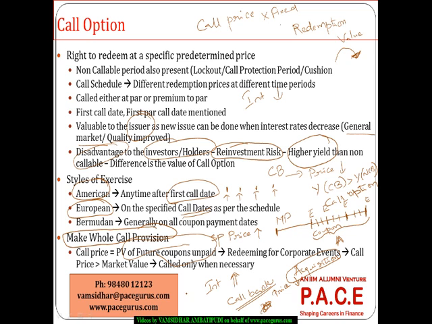So if the interest rates are higher, the present value will actually go down, which means the call price will actually go down. Which also gives a mechanism for the companies to call back the bond at a lesser price, especially when the interest rates are going up. And what is clearly seen is this kind of a callback will happen only on a when-necessary basis, because it's a penalty to the issuer.